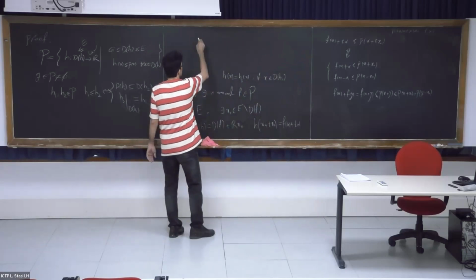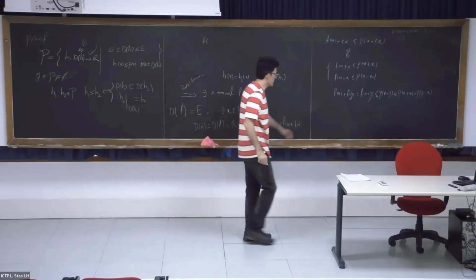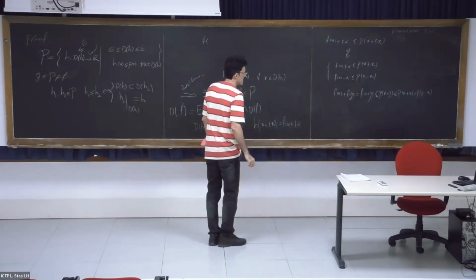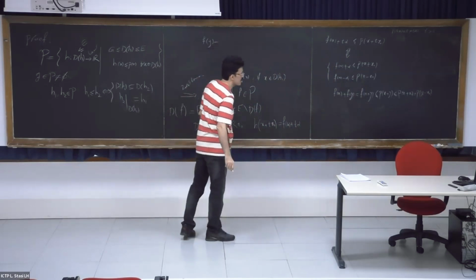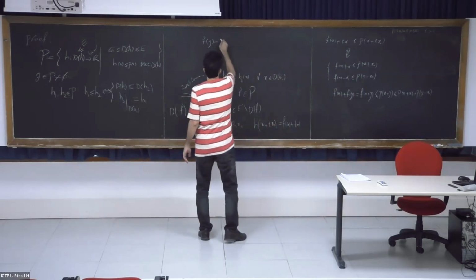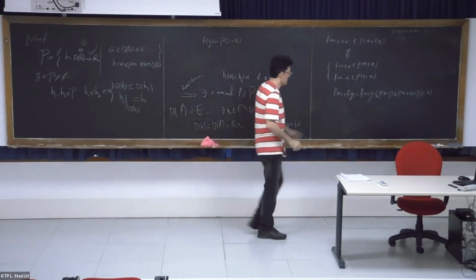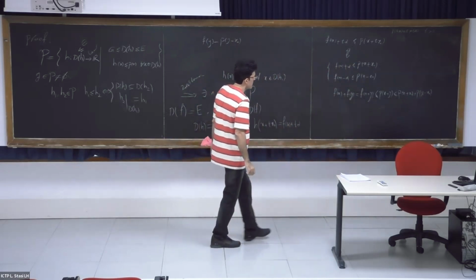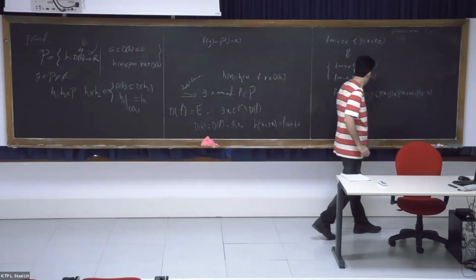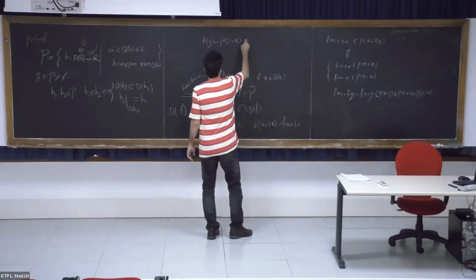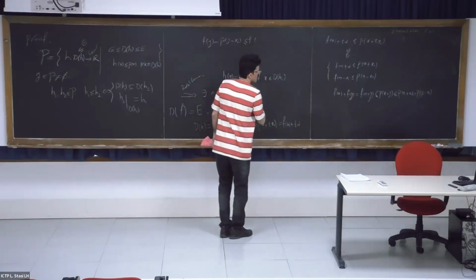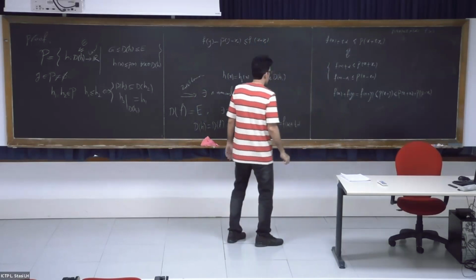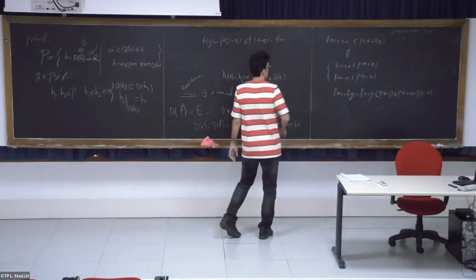we have f of x minus f of y minus p of y minus x0 less than p of x plus x0 minus f of x.